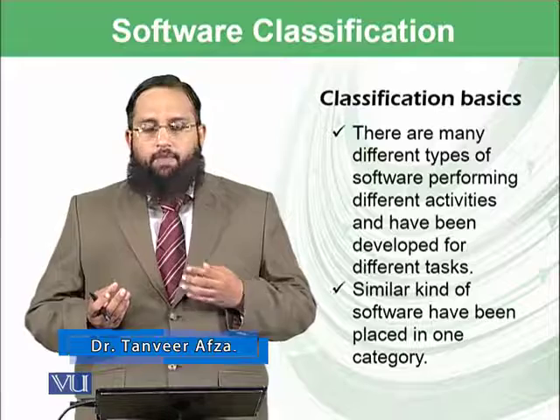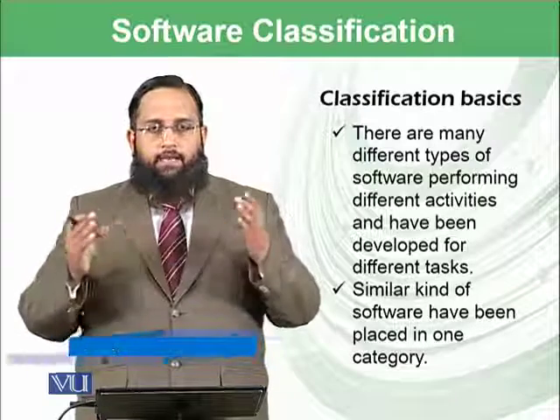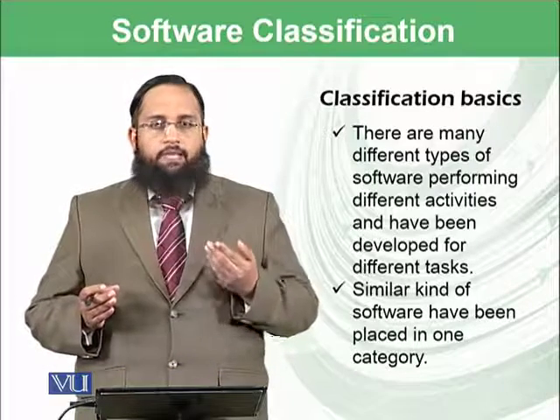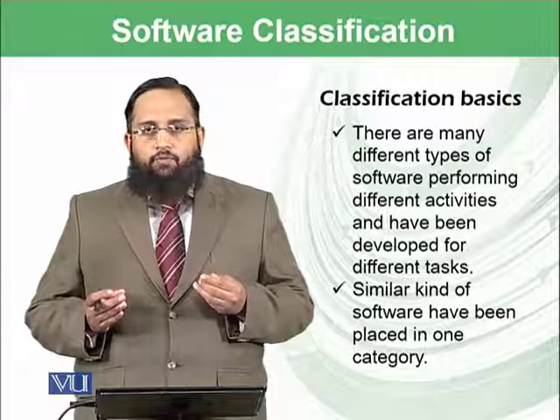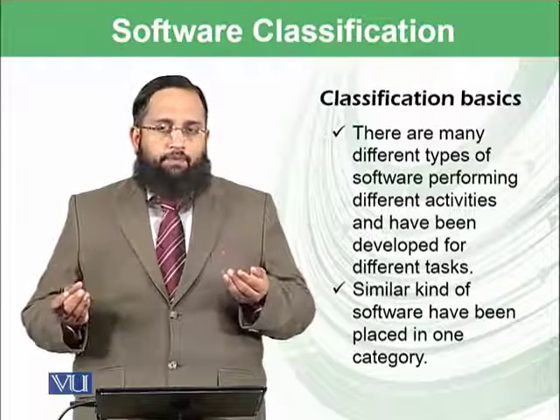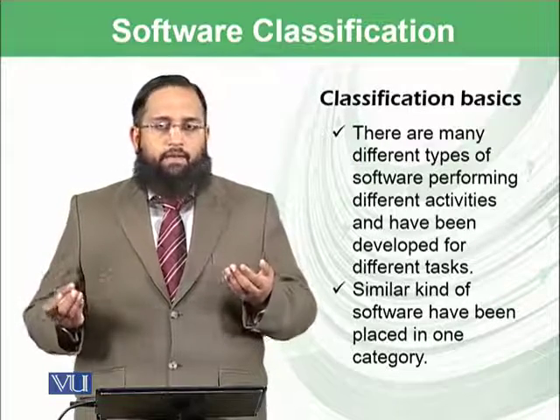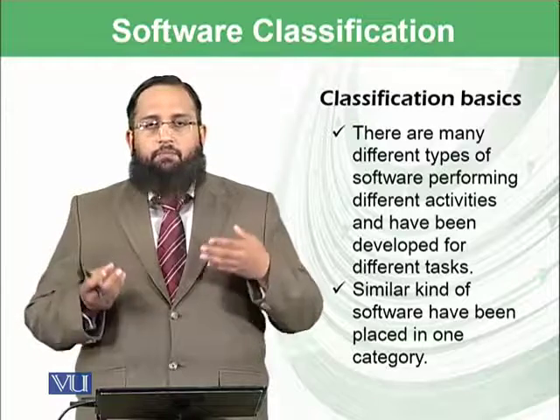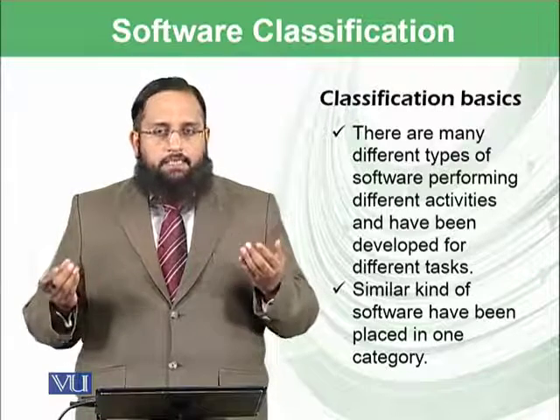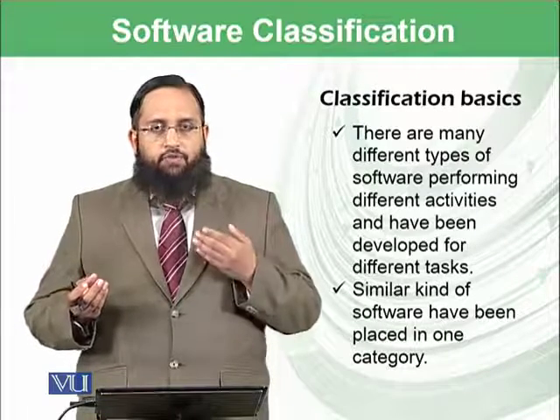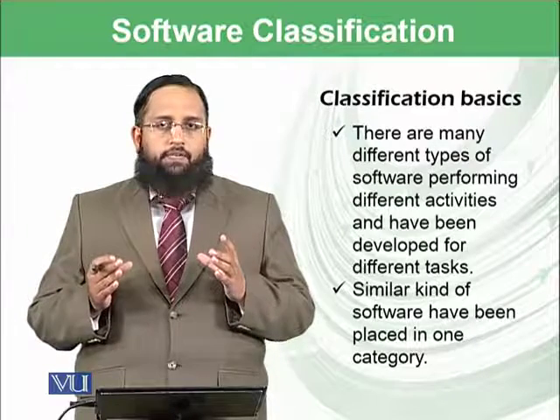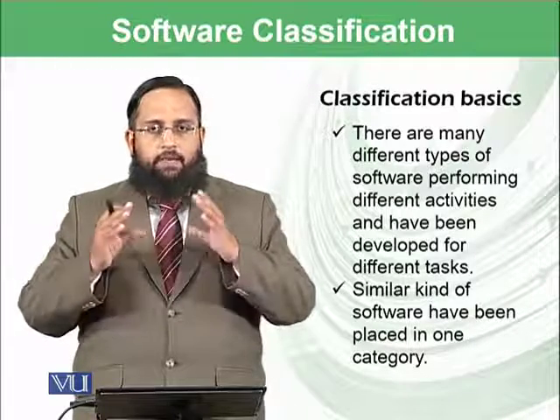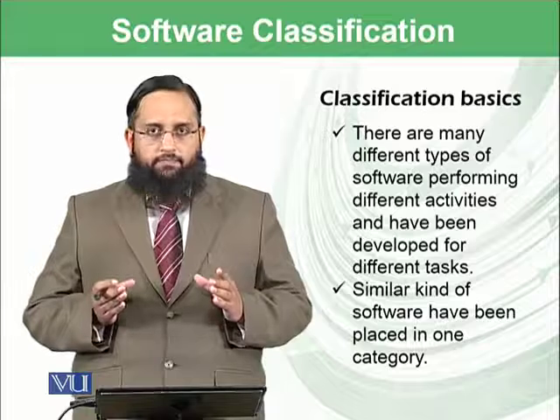For example, you have used an internet browser to browse the internet. This is one of the software. You have used Microsoft Word, a calculator, Microsoft Excel, and other such software. All of these are examples of software doing some particular task.